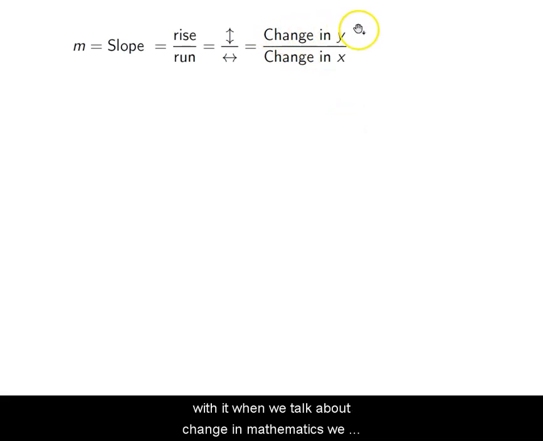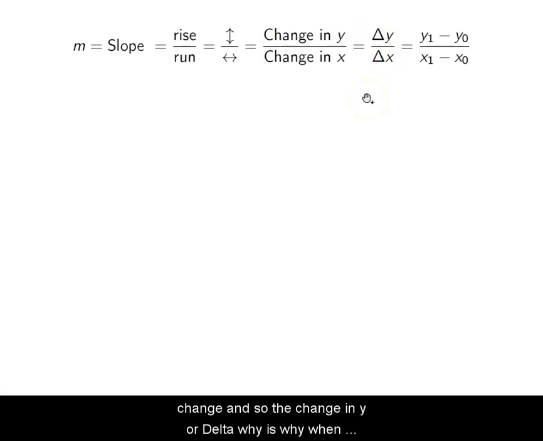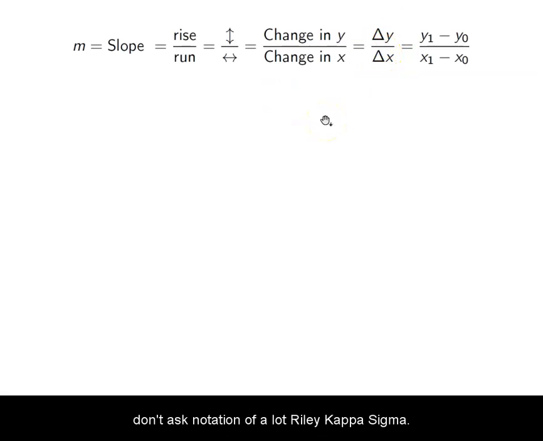When we talk about change in mathematics, we use the Greek letter delta, this triangle. As we move up in calculus, specifically in calculus 3, this triangle starts to mean different things, but for right now we represent it as change. The change in y, or delta y, is y1 minus y0, as we saw before in the graph, and the change in x is delta x, which is x1 minus x0. You'll see this delta y and delta x notation a lot throughout your calculus sequence.